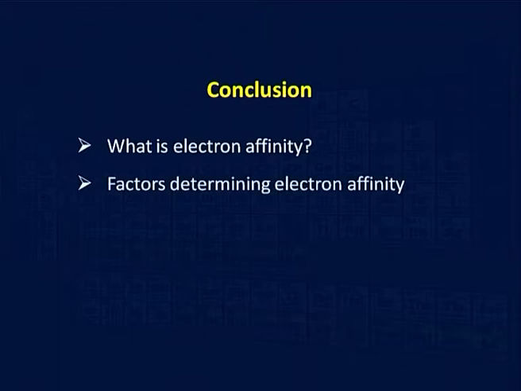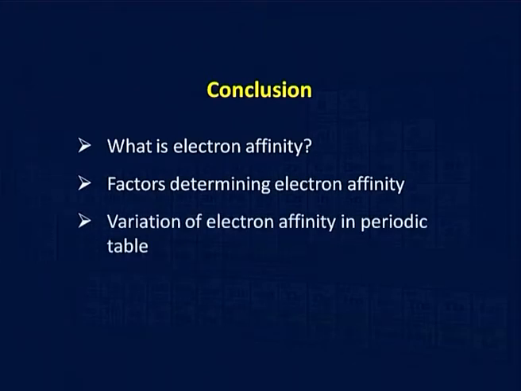Now, let us conclude what we have learned about electron affinity. We have seen that the value of electron affinity depends on various factors. The important ones were the size of atom, the nuclear charge and the electronic configuration, and all these affect the value of electron affinity.